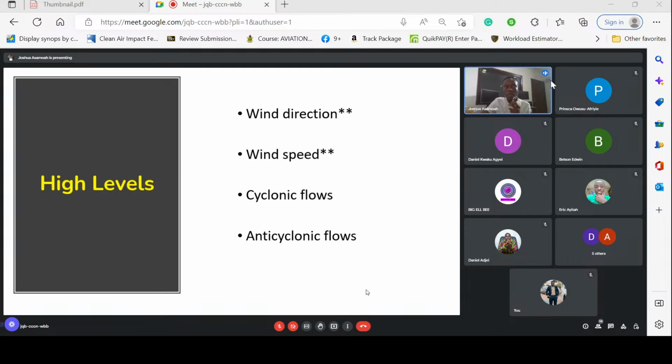But if the conditions at the lower levels are not too good, then obviously it will not even get to that point where the high-level conditions will favor precipitation or cloud formation. And so you consider from the bottom to the top of the atmosphere all the conditions, from pressure to the winds at 925, 850, 700 before you get to the high levels of the atmosphere.